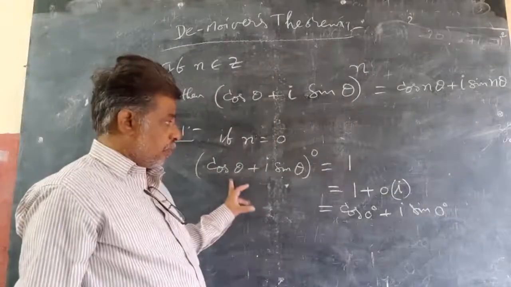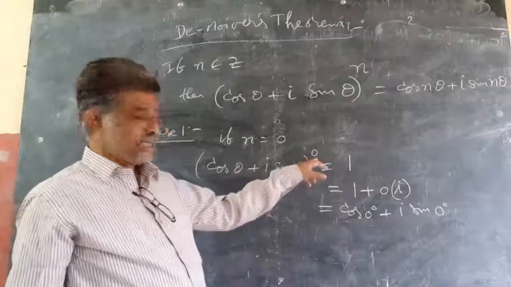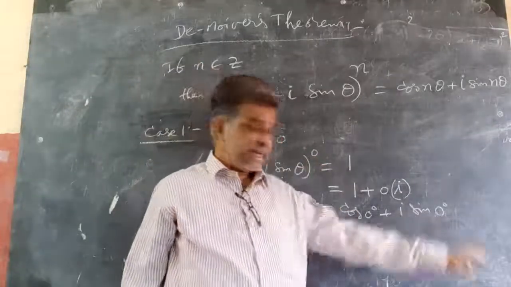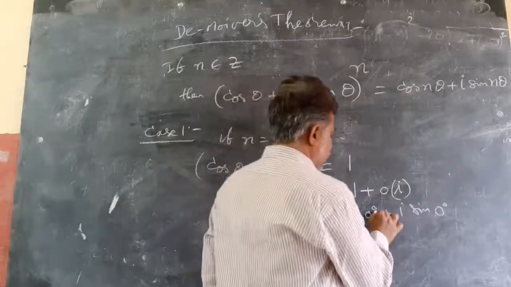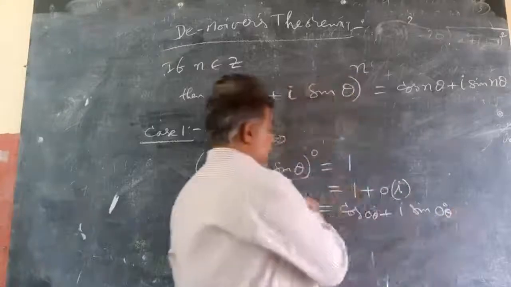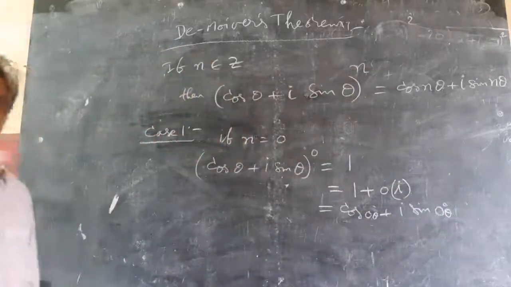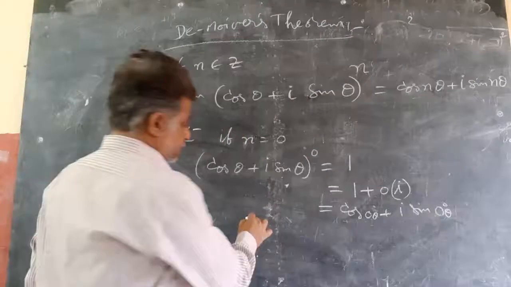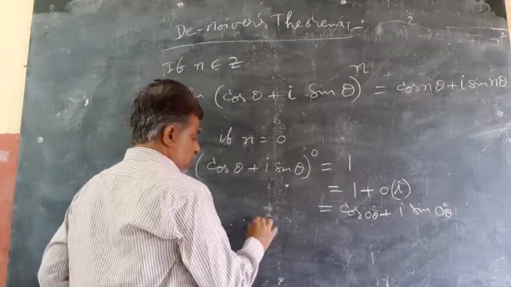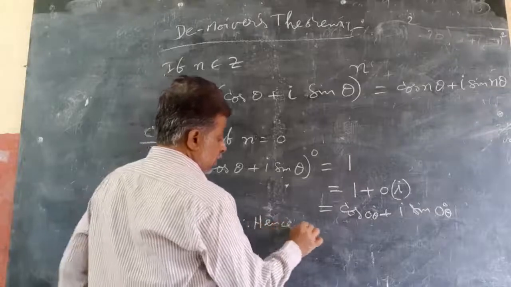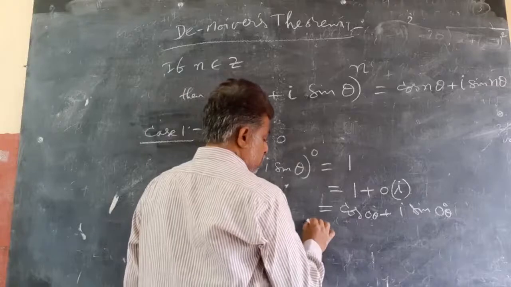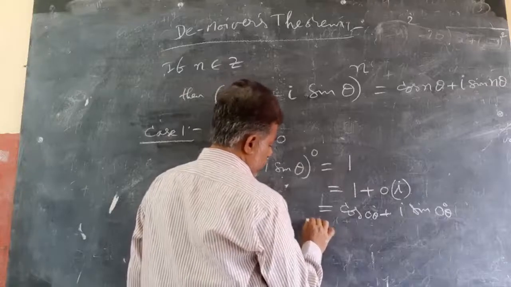Now, what did I get? (cos theta plus i sin theta) whole power n equals cos n theta plus i sin n theta. I can write 0 as 0 into theta, so this also becomes cos n theta plus i sin n theta. Therefore, it is proved for n equal to 0.